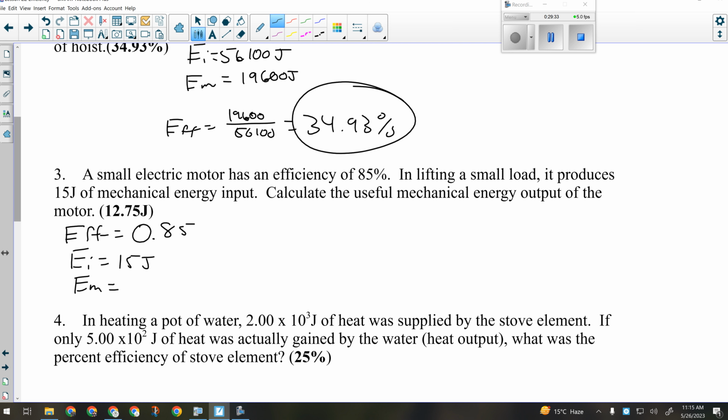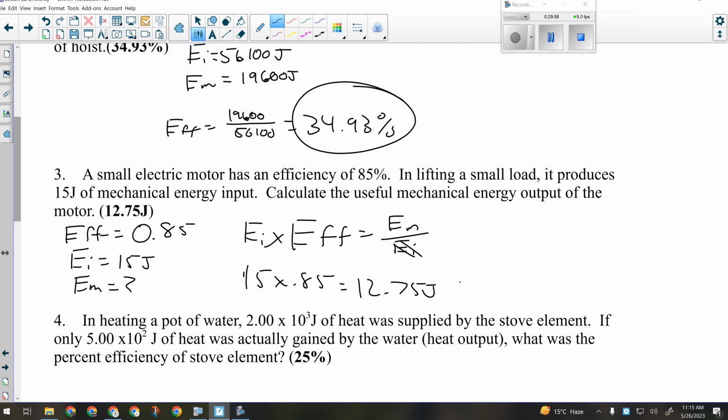That's EM, that's the top number. So efficiency equals EM over EI. To get EM by itself, what do I do with EI? Multiply it over to the other side. So that's going to mean 15 times 0.85, which gets us 12.75 joules.